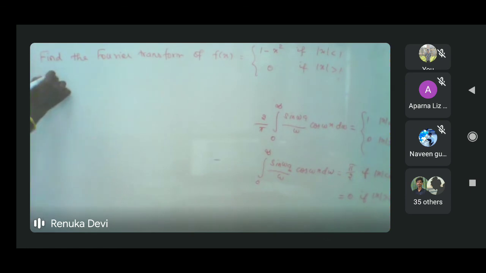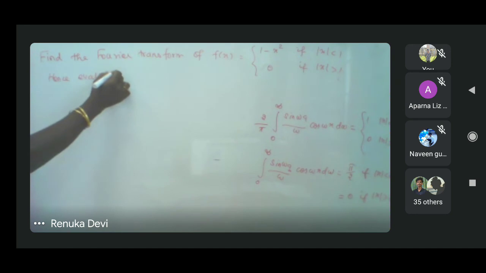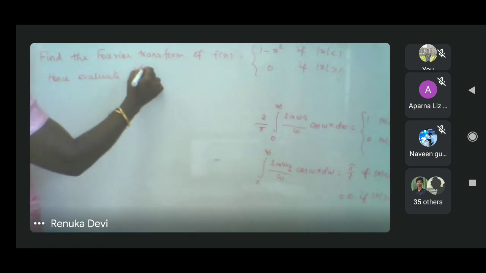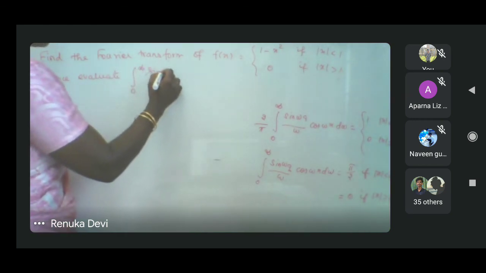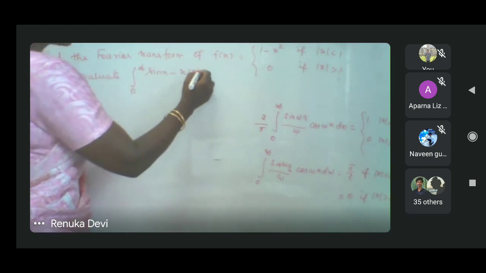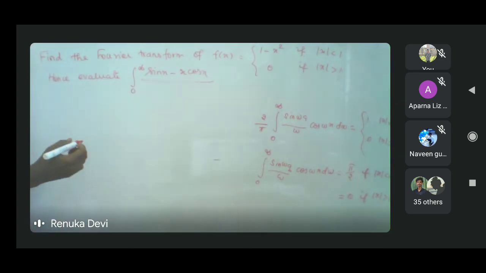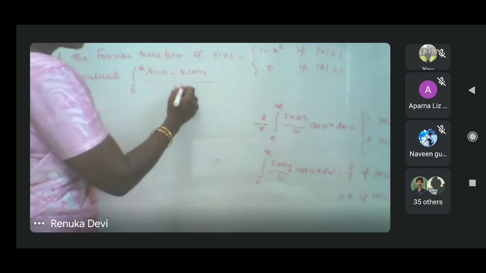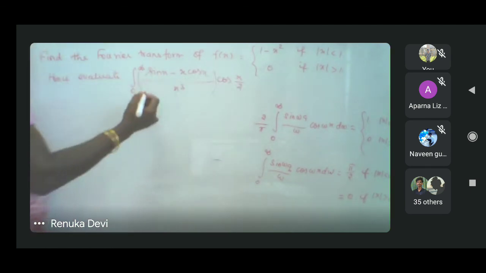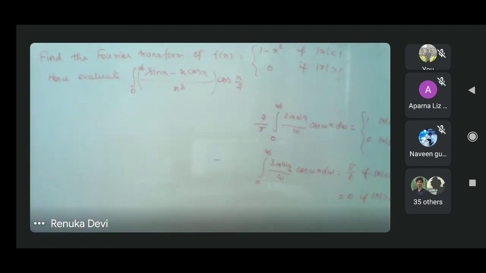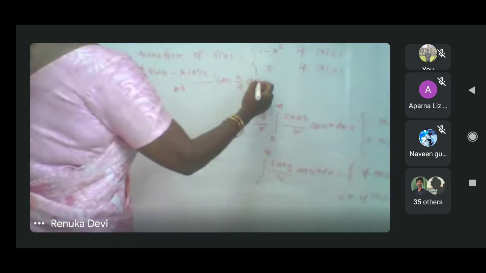Hence evaluate integral 0 to infinity of (sin x minus x cos x) divided by x cube into cos x by 2 dx. So the same procedure.